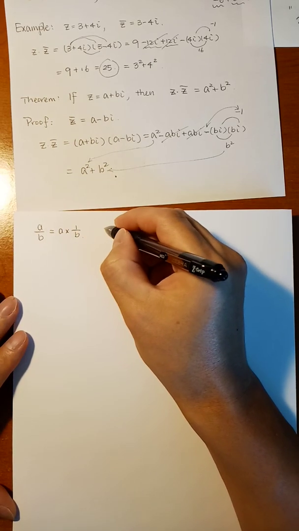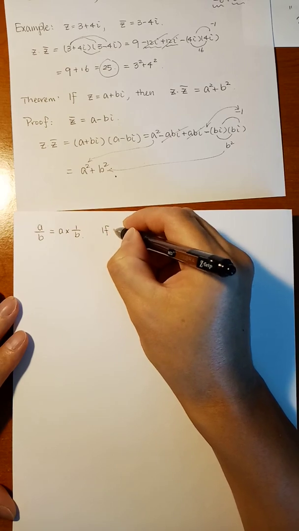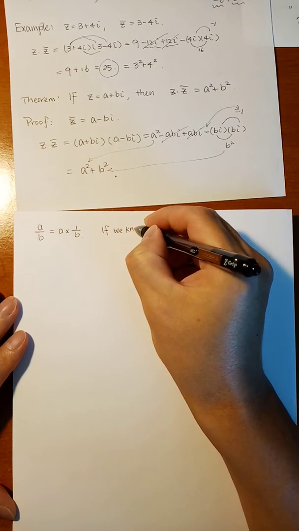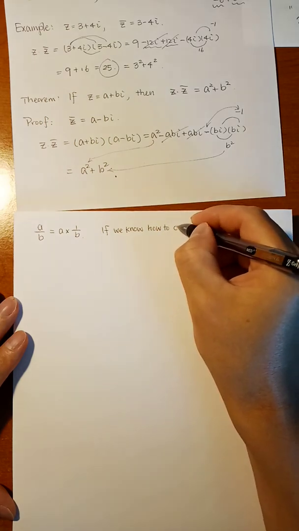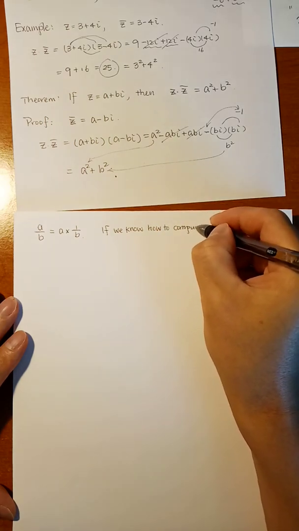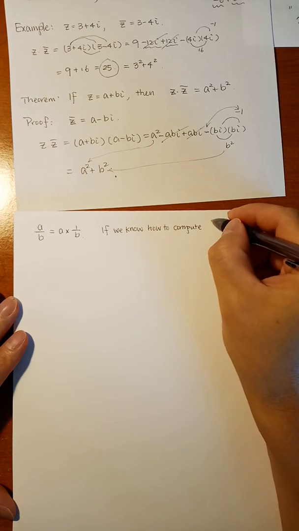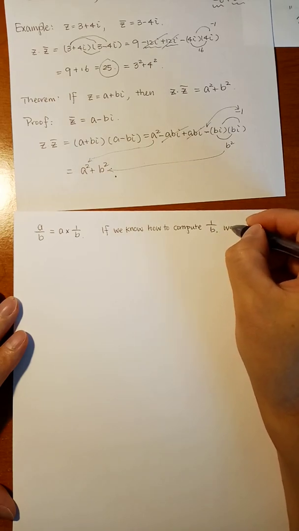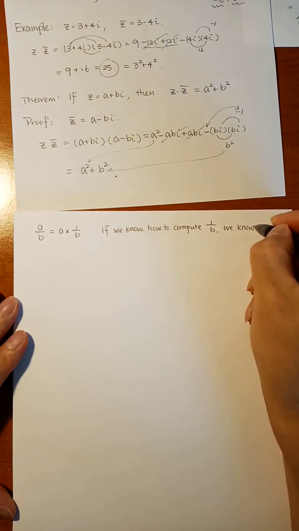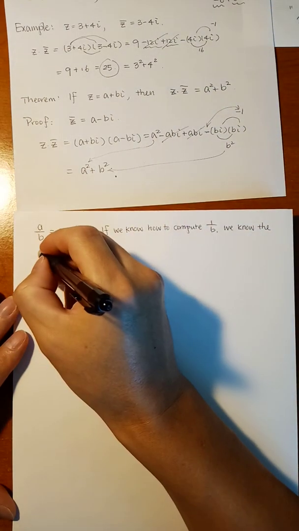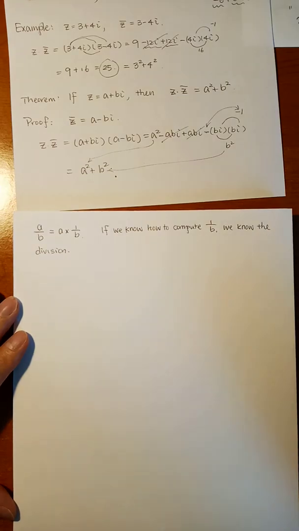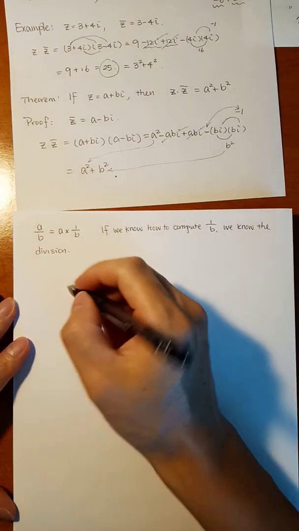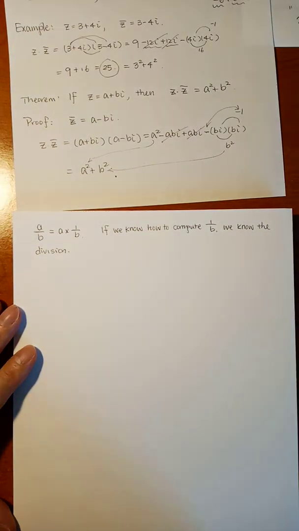So if we know how to compute 1 over b, we know the division, right? So now let's see how we get the reciprocal of a complex number.